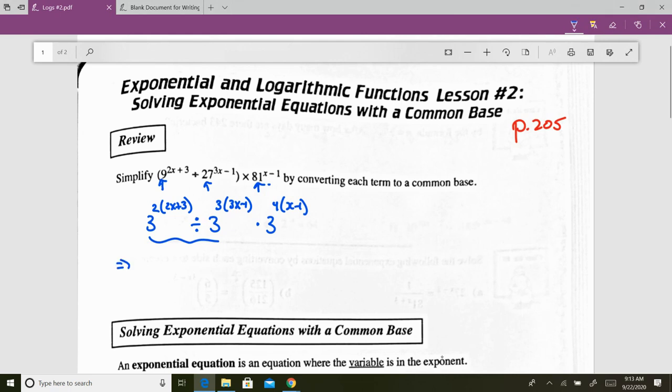The exponents are 2 times 2x plus 3, minus 3 times 3x minus 1. And if you're multiplying, what are you doing with the exponents? You're adding. So we go plus this bit. These are all the exponents. Essentially, this is 3 to this power.